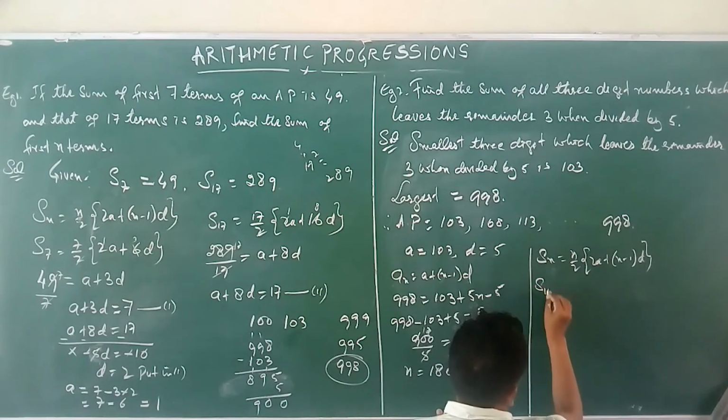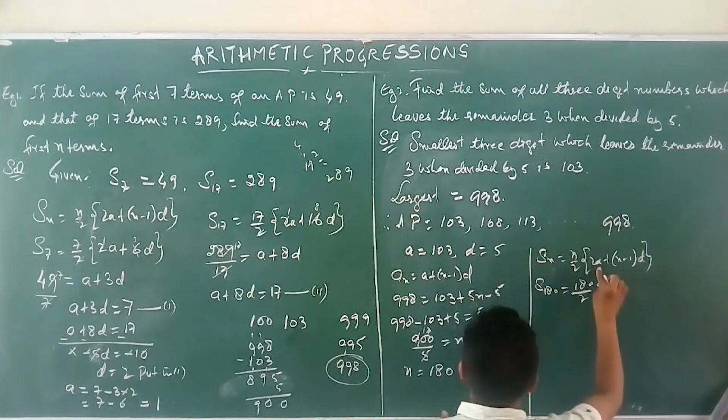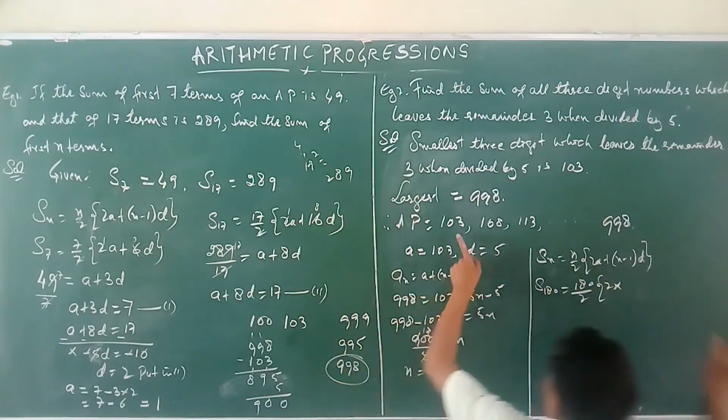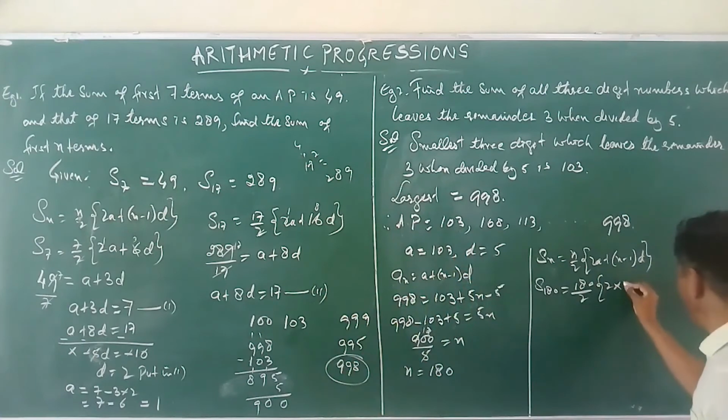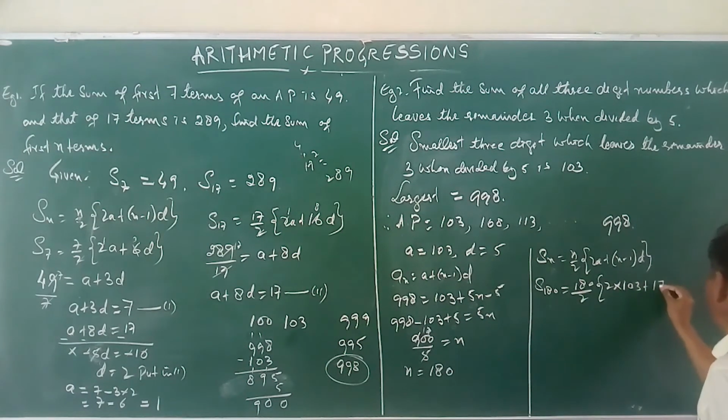So S of 180 equals 180 divided by 2, times 2 into a, which is 103, plus n minus 1 d. Subtracting 1 from 180 gives 179, into d, and d is 5 here.